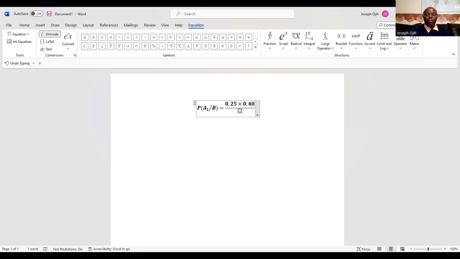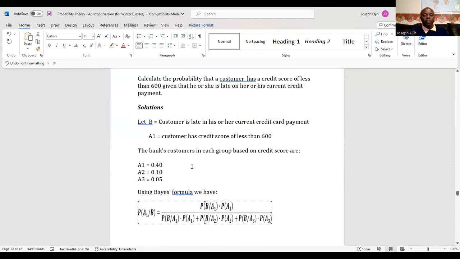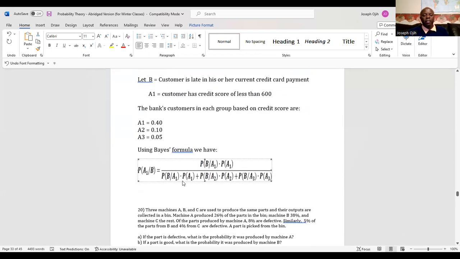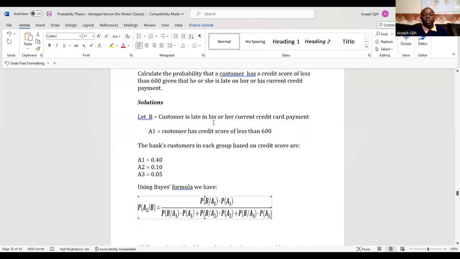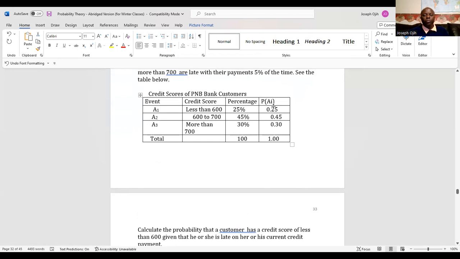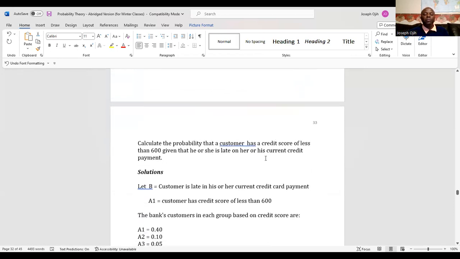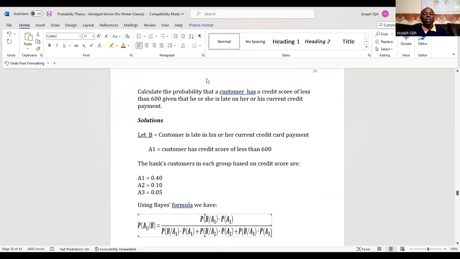Then, remember when you go to the denominator, you repeat that part again: the probability of B given A1 times the probability of A1, which is basically 0.4 times 0.25. Then repeat it for the rest of the events.